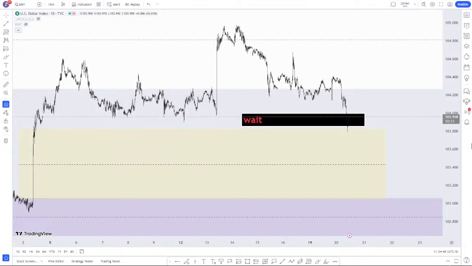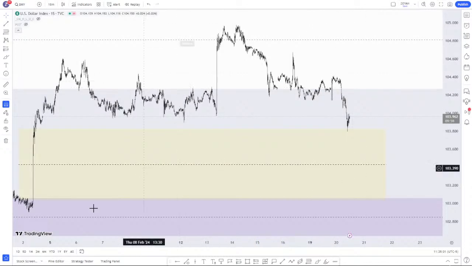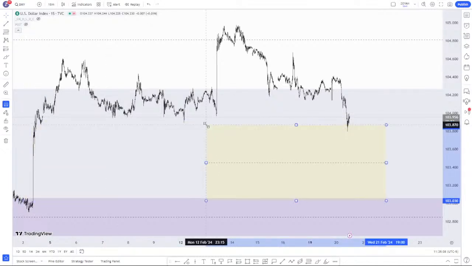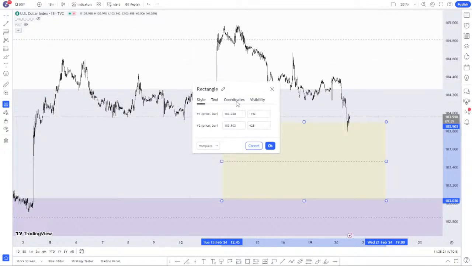So this is DXY, right? 103.966. Coordinates 103.966.